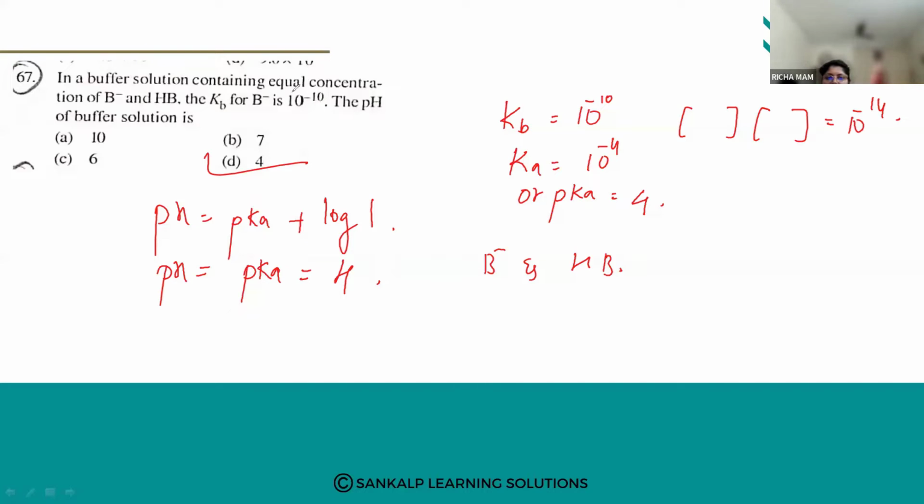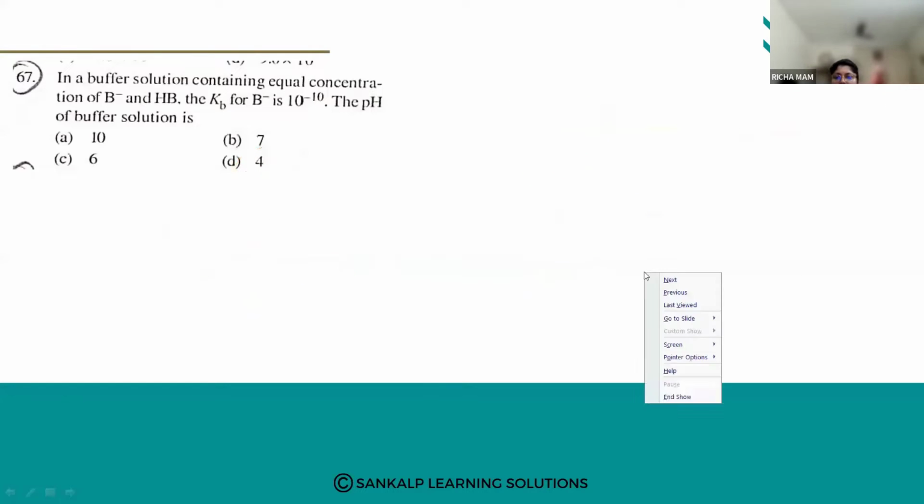So in a buffer solution containing equal concentration of B minus and HB, the Kb for B minus is 10 raised to minus 10, and the pH of the buffer solution is 4. I hope you have got it. Fine.